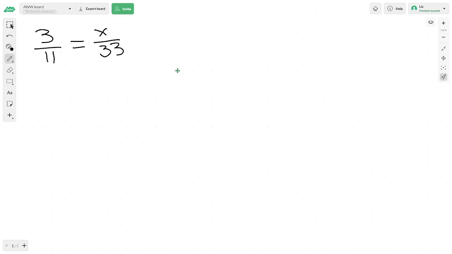The first way is saying, well, in order to get from 11 to 33, I'd have to multiply times 3. So it would only make sense that I have to do that on the top. So 3 over 11 would equal 9 over 33, which is correct.